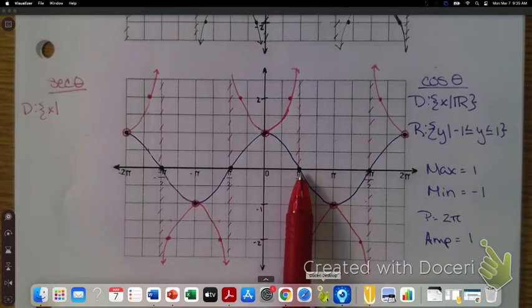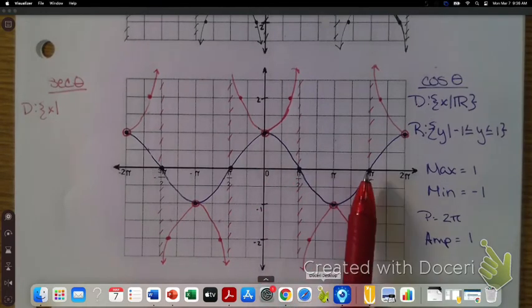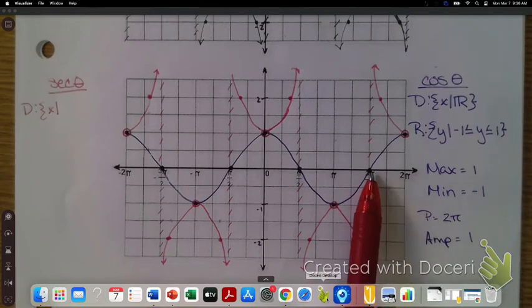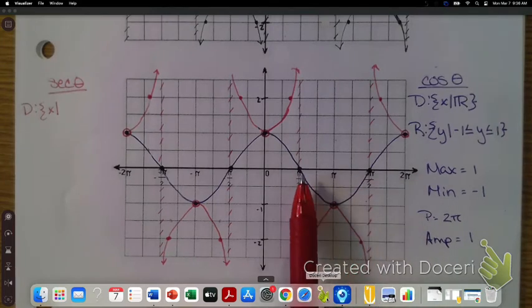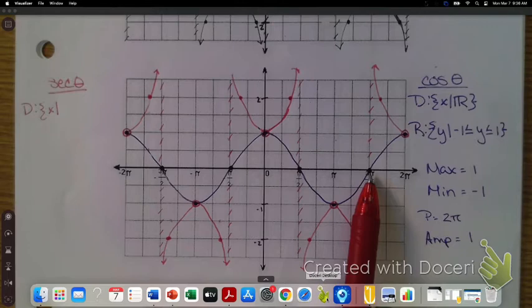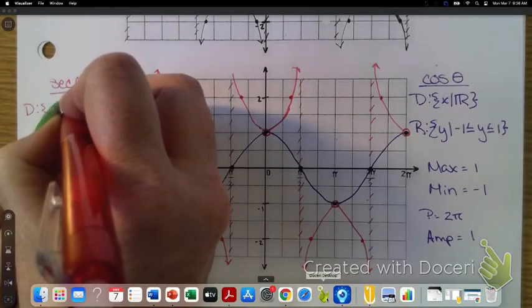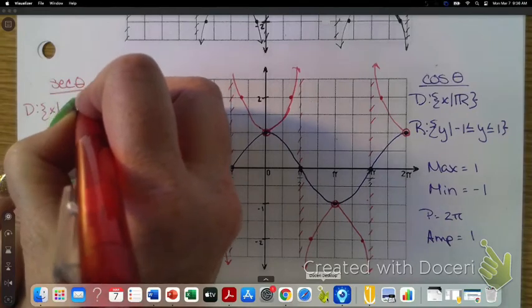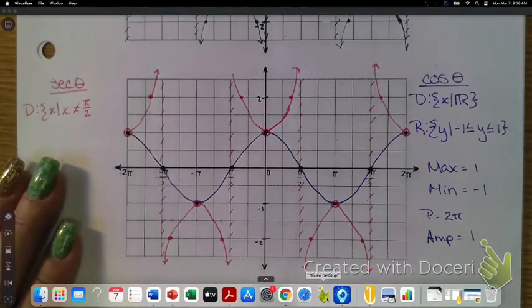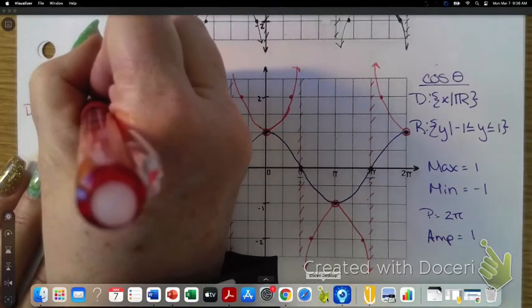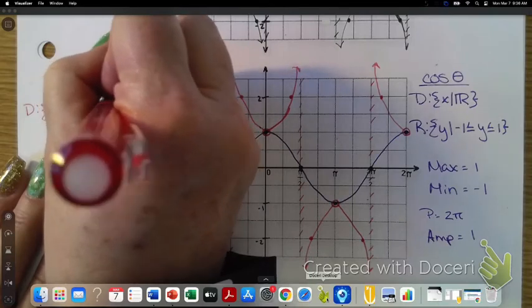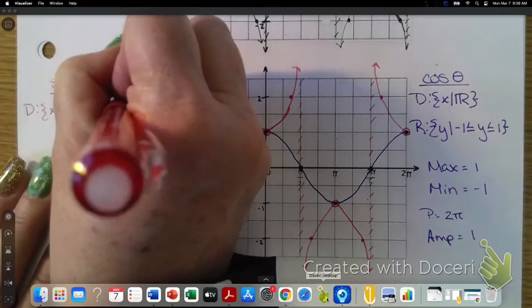Pi over 2. And then the next one at what? 3 pi over 2. How far away is that from each other? 1 pi. So we write it as x cannot equal pi over 2, because that's the first time it happens. And now Isaiah, I will put plus or minus pi n on this one, because I have the pi over 2 in front.